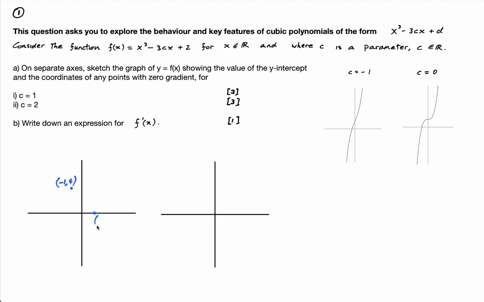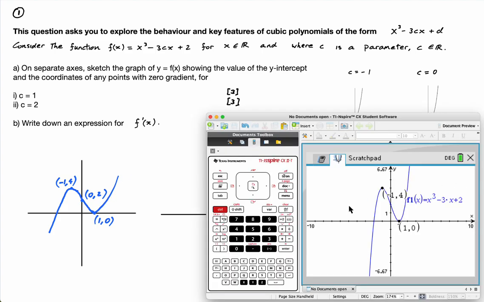This is 1, 0, and this will be the y-intercept 0, 2, and it goes up like this, turns there, goes down here, turns there, and up we go. Is that good enough? Yeah, the points are correct and the graph is not bad. Okay, that's the first one.